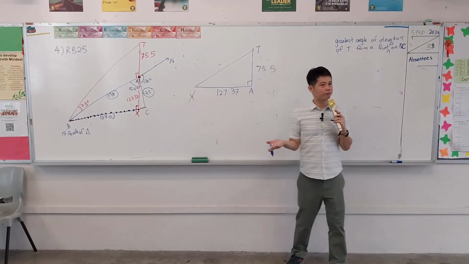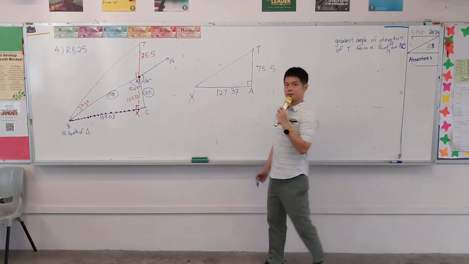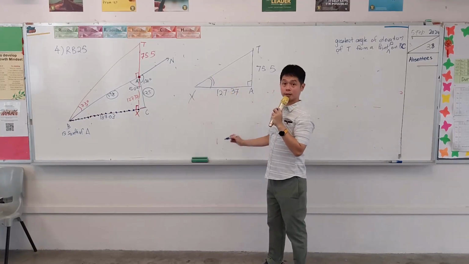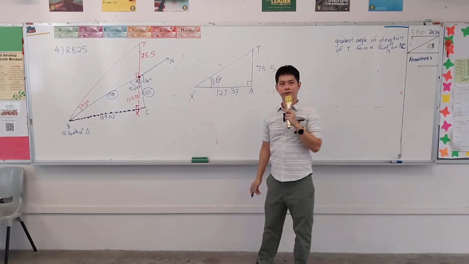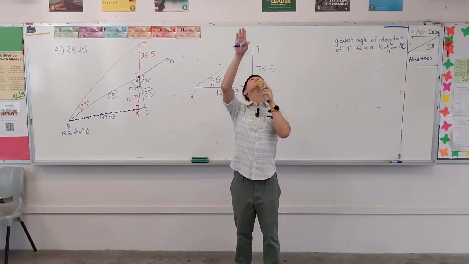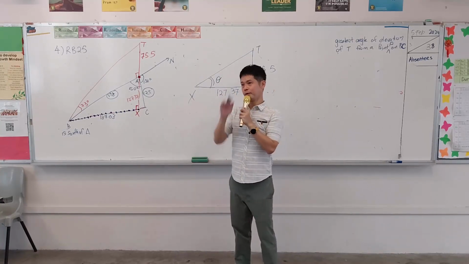So where is the angle of elevation? The greatest angle of elevation, where is it? It will be this angle here. So this is the greatest angle of elevation. Why is it greatest? Because I'm the nearest to the tower, so I have to look up. The nearer you go, the higher you have to look up.